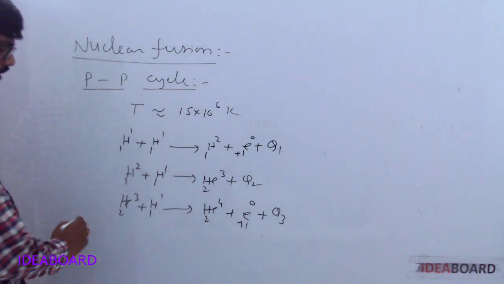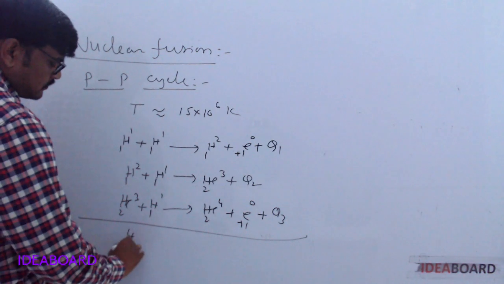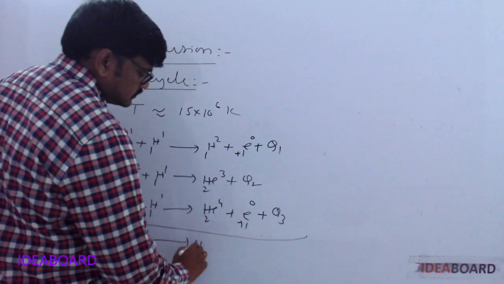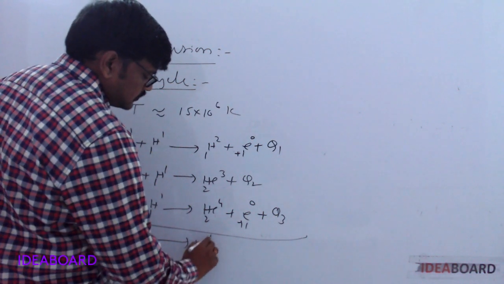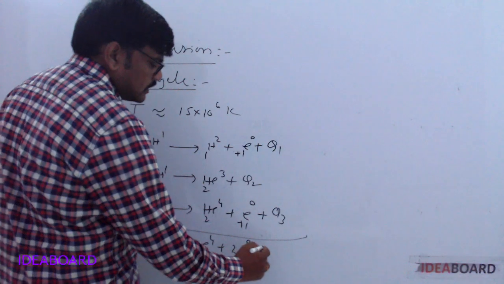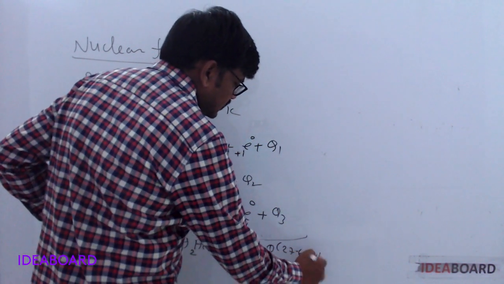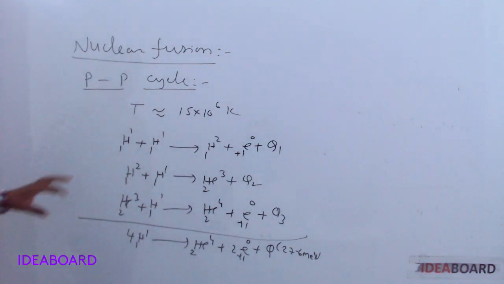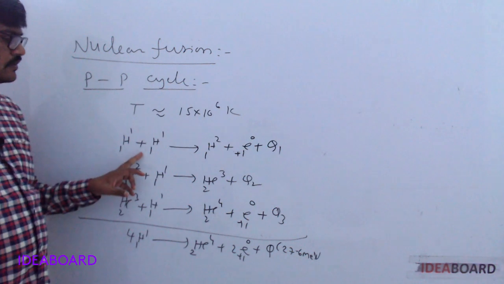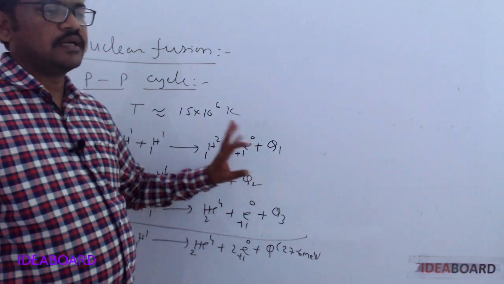Now combining all these equations, we get four protons combined to give helium-4 and two positrons, and the energy released is nearly 27.6 MeV. Once again: H-1 plus H-1 gives H-2, one positron and some energy.